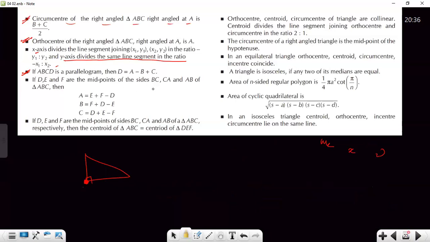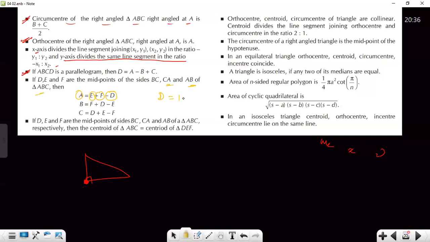DEF are the midpoints of sides BC, CA, and AB in the triangle ABC. So the point A is equal to E plus F minus D. First, let's understand this thing.